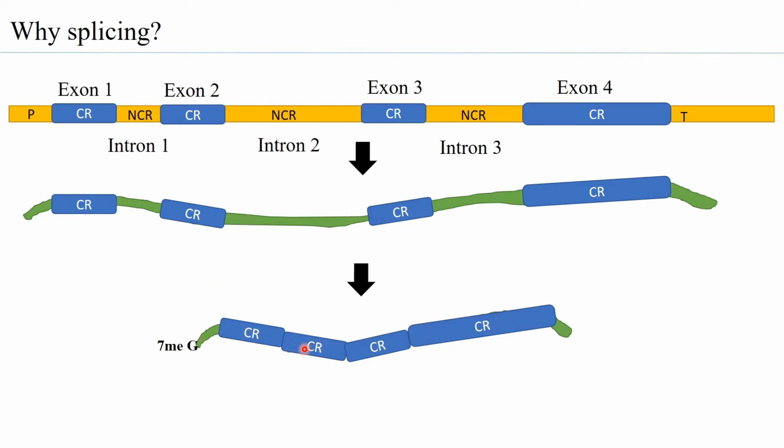So exon 1, 2, 3, 4 are joined together to form a functional mRNA. So this over here at the 3' end is the poly A tail. So eventually, after the RNA processing events, one gets a processed RNA with introns removed. When all introns are removed, then it is called complete splicing or absolute splicing.